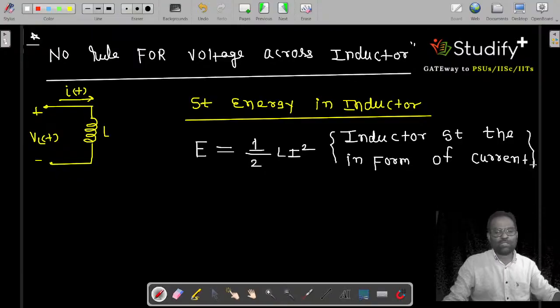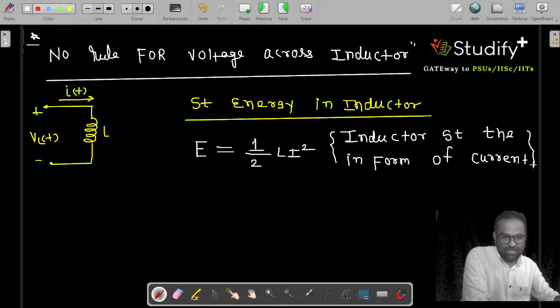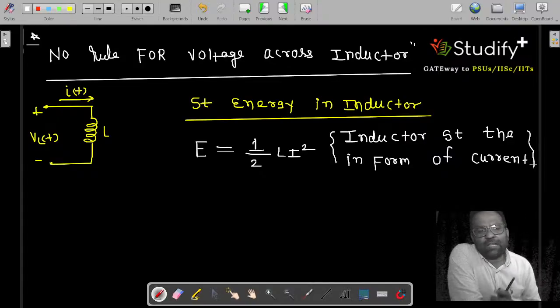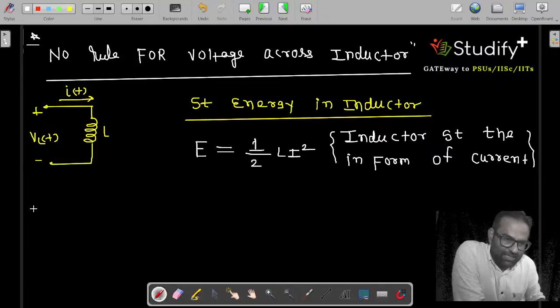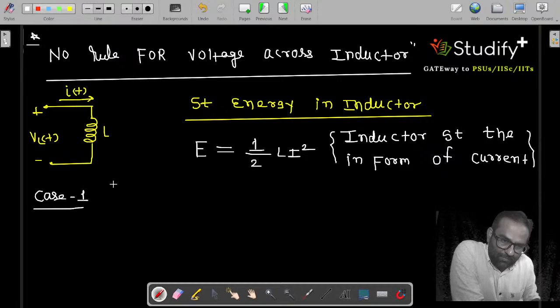Either you are charging the inductor or you are discharging the inductor. It means in the circuit, the inductor is discharging itself or charging. I am taking the first condition, Case 1, when we are charging the inductor.